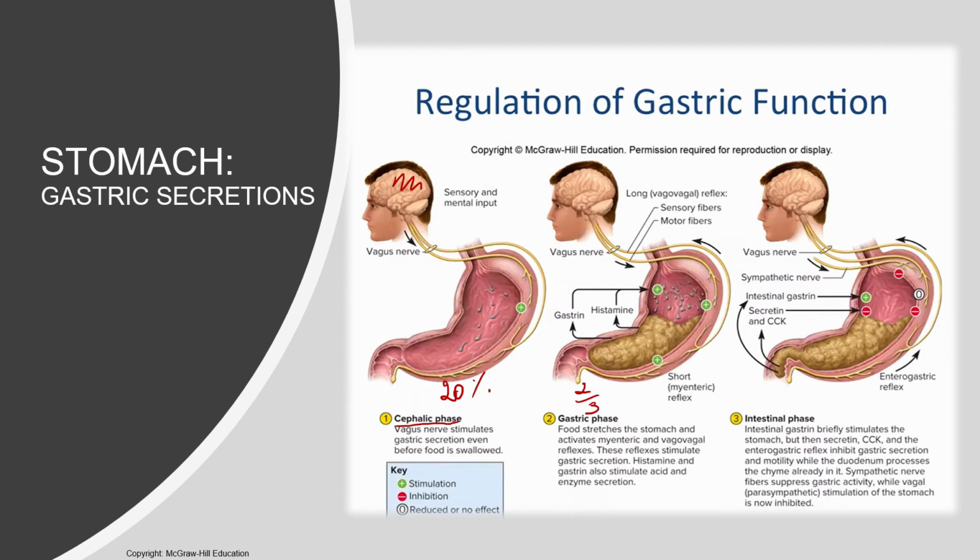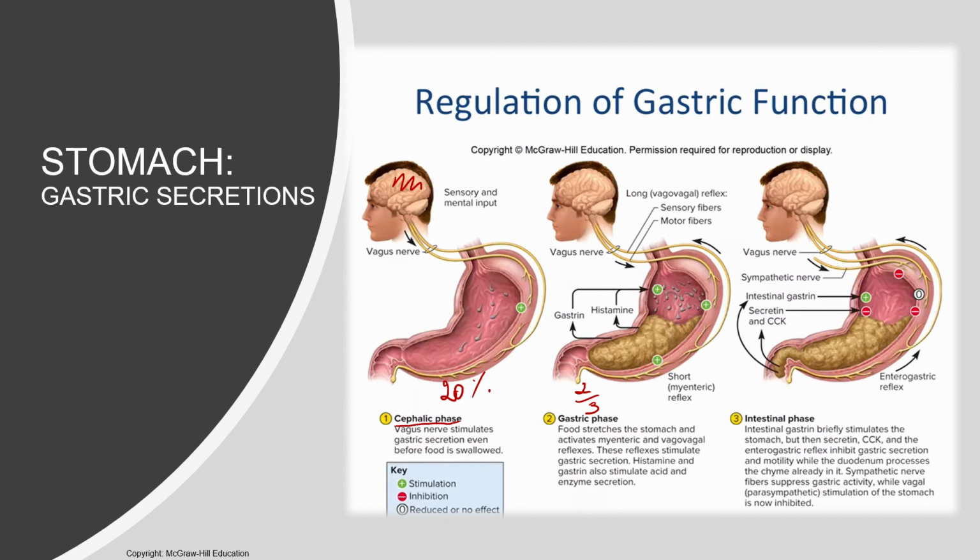Gastric secretion is stimulated chiefly by 3 chemicals. These are acetylcholine, histamine, and gastrin. Acetylcholine is secreted by the parasympathetic nerve fibers of both the short and long reflex pathways.